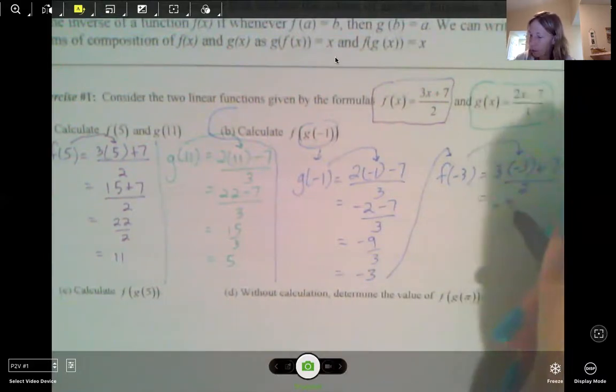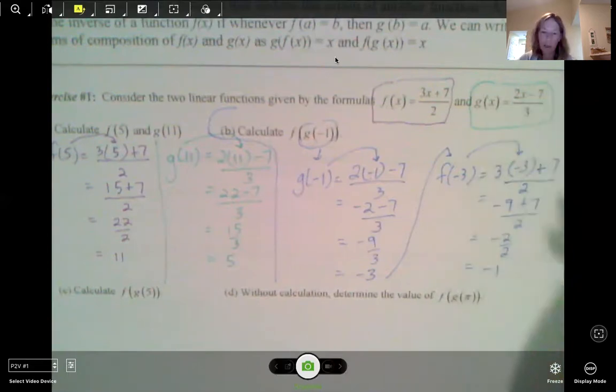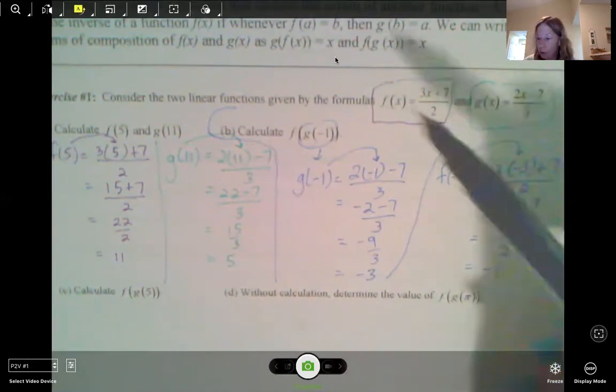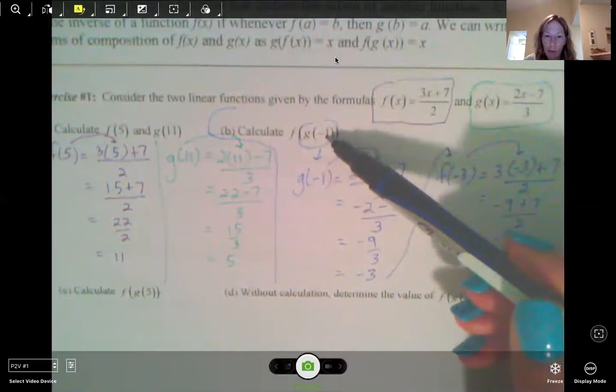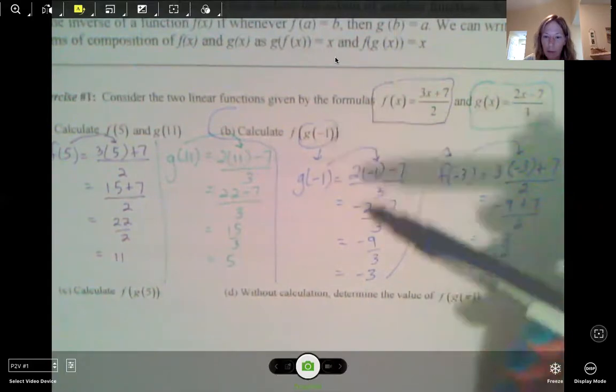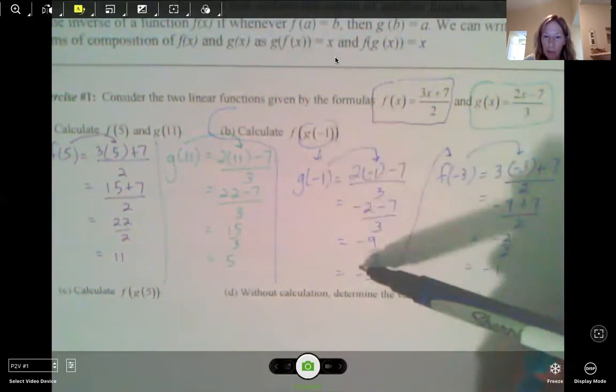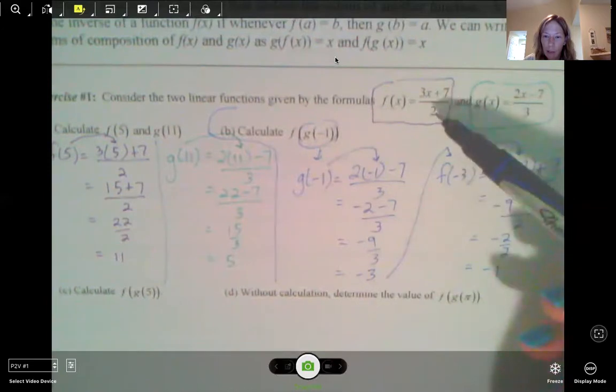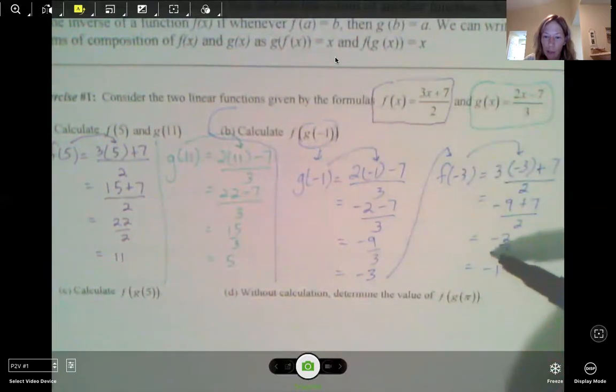We get -9 plus 7 divided by 2, which is -2 divided by 2, which is -1. So it kind of came full circle. Our original input value, we plugged it in, got an output value, plugged that output value into our other function, and it brought us right back to that initial input value.